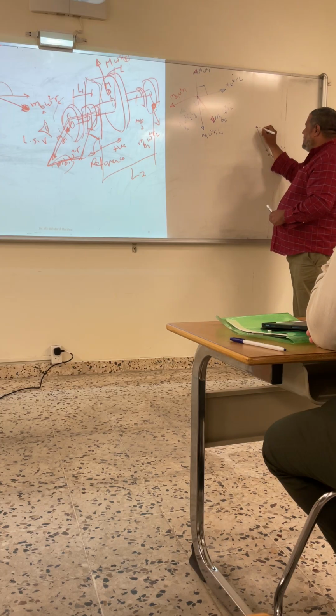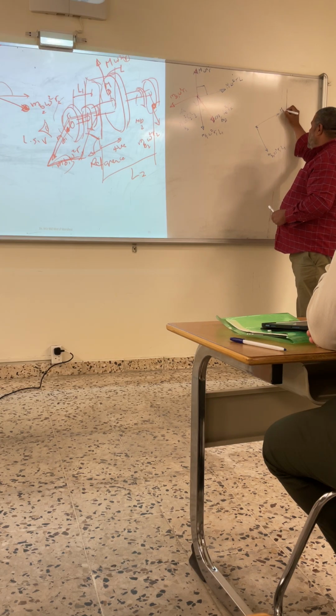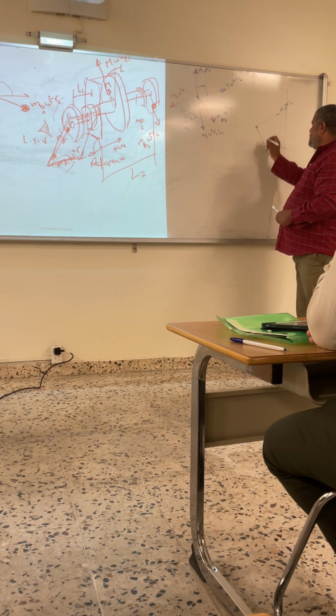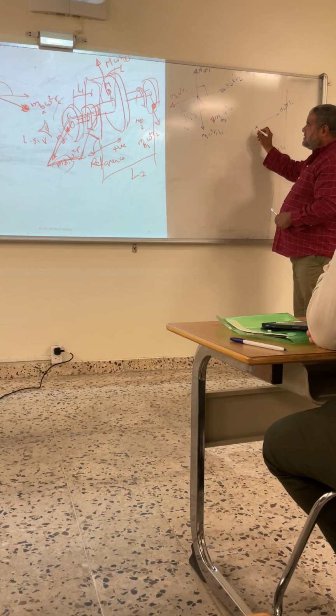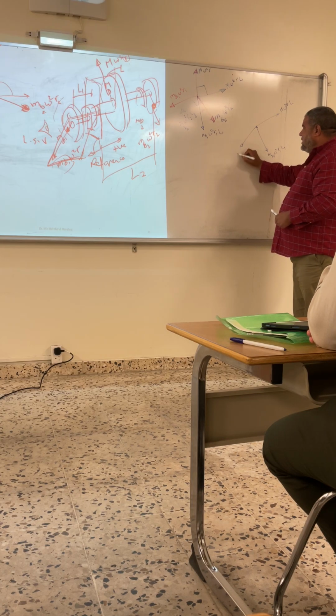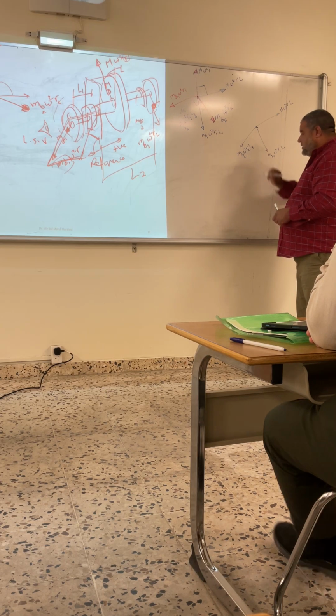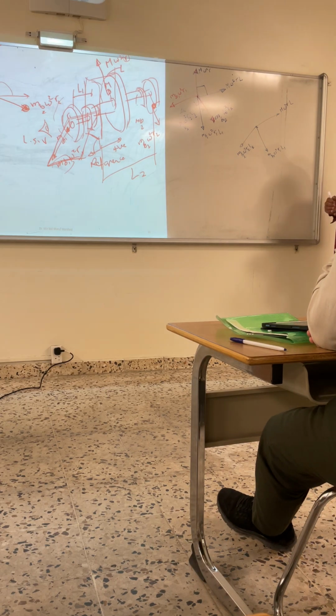This one is M capital omega square R times L. What is the other one? This one is MB2 omega square R2 L2. L2, I'm sorry. Perfect.